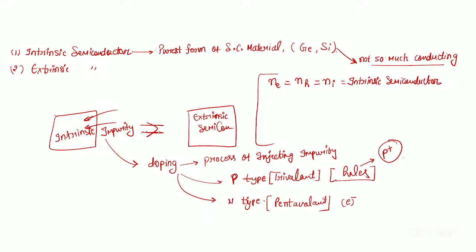But for the extrinsic semiconductor, Ne multiplied by Nh equals Ni squared. I hope you got it.